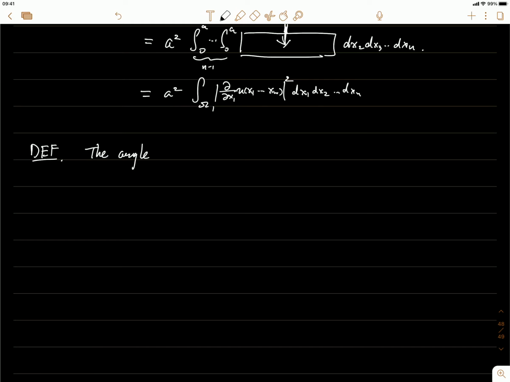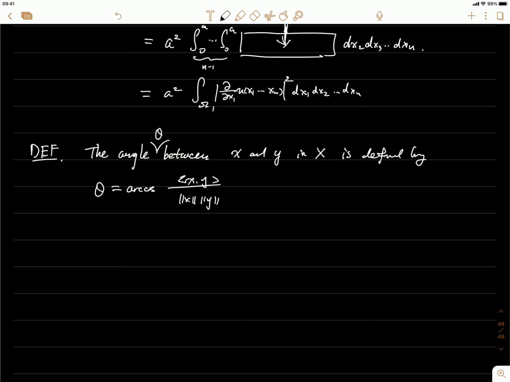The angle between two vectors x and y in the Hilbert space is defined by taking the inner product and dividing by the norms. This is the cosine of the angle, or the angle theta is defined to be arc cosine, the inverse function of cosine, of this thing.